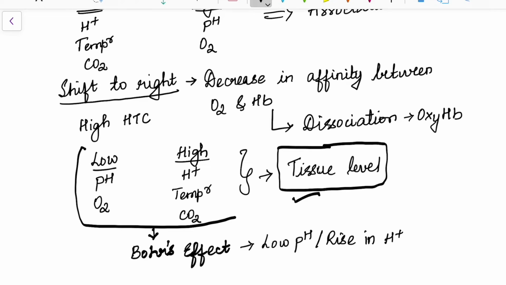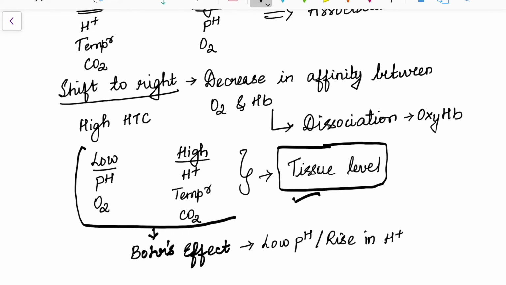Since we are studying oxyhemoglobin, this we need to remember. I'll repeat once again. Bohr's effect is nothing but if at all there is low pH or high H plus concentration. Basically, we are talking over here about shift to right. That's it. Just remember, if shift to right, that means low pH, high H plus.